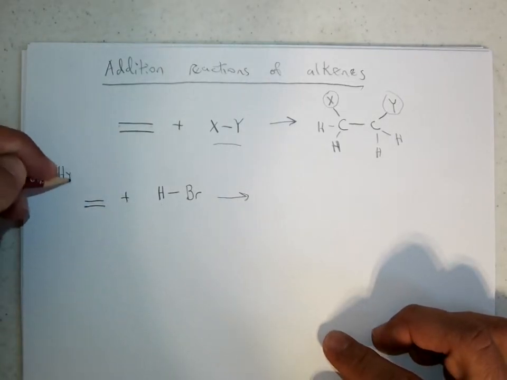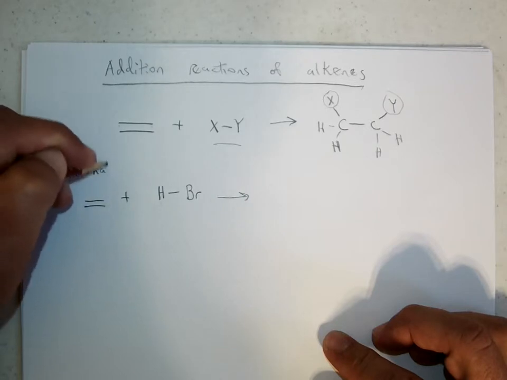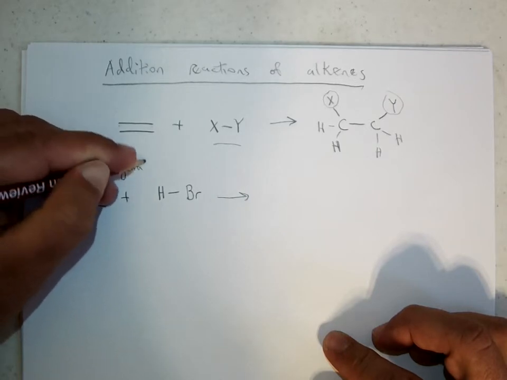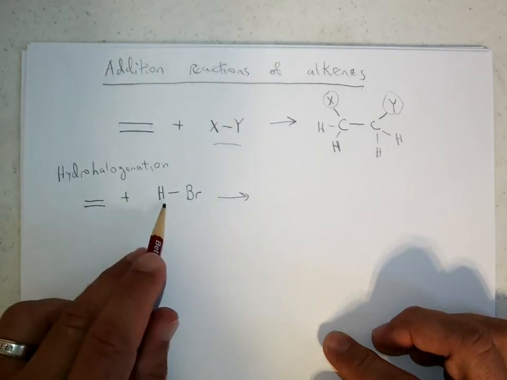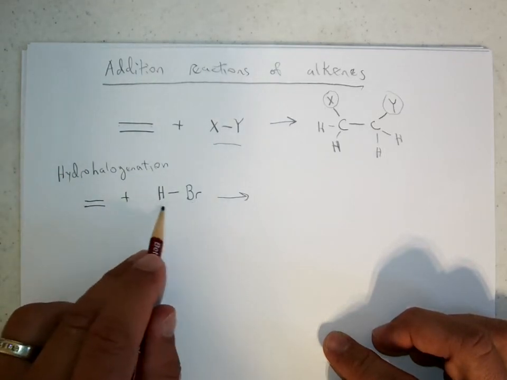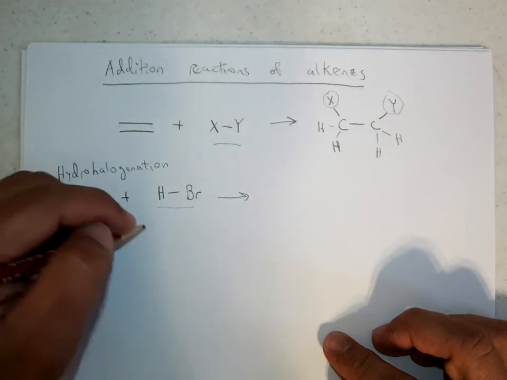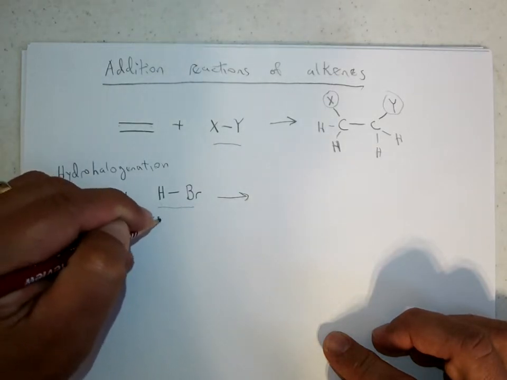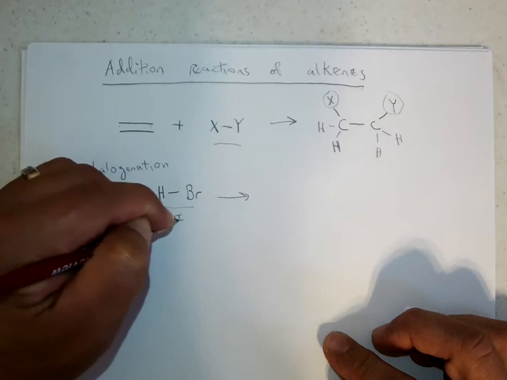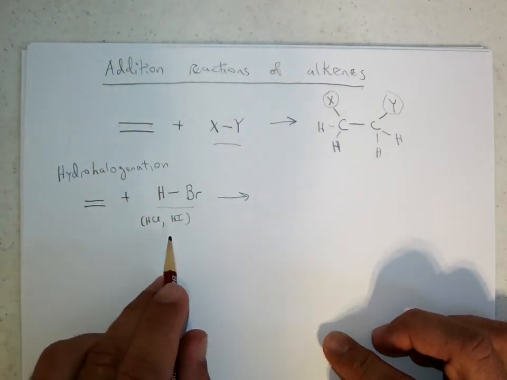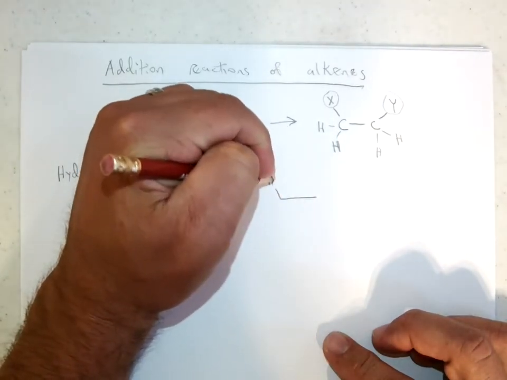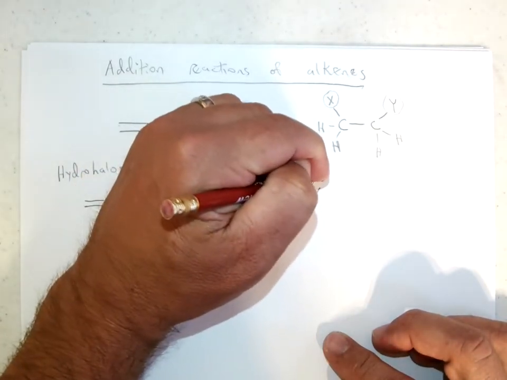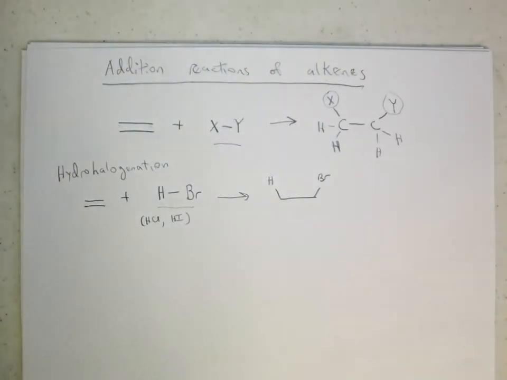This reaction is called hydrohalogenation because you're adding a hydrogen to one carbon and a halogen to the other, and that's going to require one of the strong acids. You can use HCl, HBr, or HI and get either a chloride, a bromide, or an iodide. So in this case, more of a skeletal representation. If you add HBr to a double bond, you get a bromide.